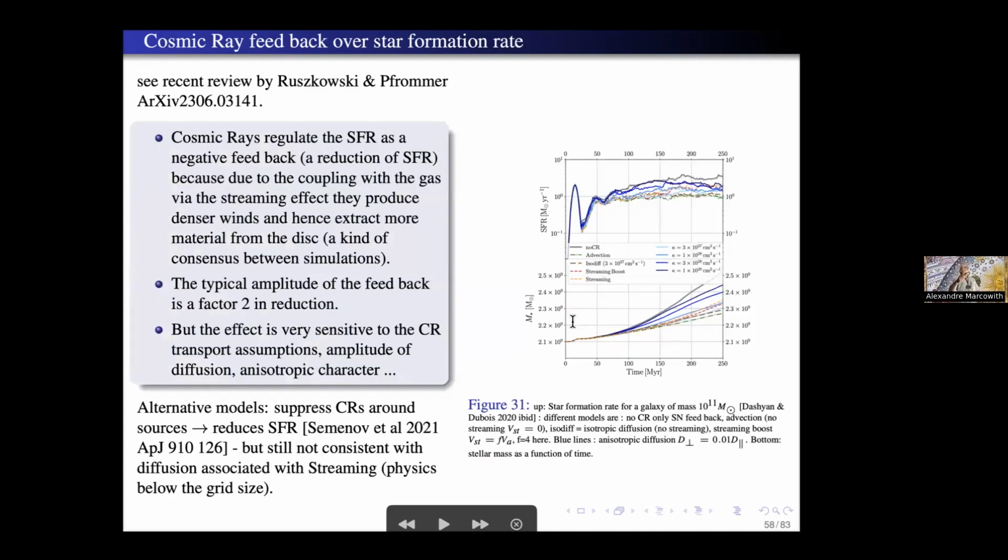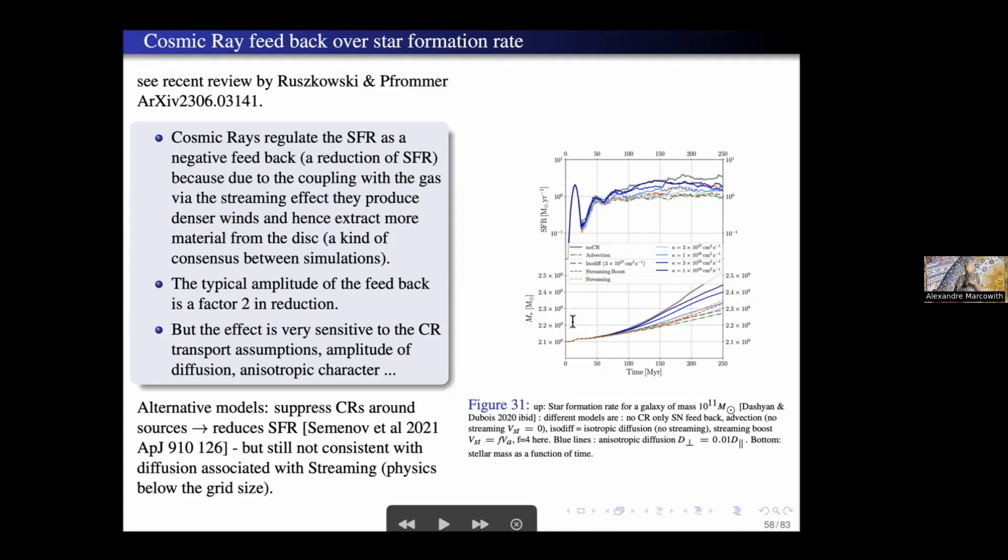And this is actually what you can see in this picture. It's not easy. The case with no cosmic rays is gray here. And then adding cosmic ray physics will systematically produce a lower star formation rate. Okay, so you see you have a kind of dispersion, which depends strongly on what type of diffusion coefficient you take. Of course, because if you take a very large diffusion coefficient, you will basically decouple gas and cosmic rays, so you will get closer to this one.